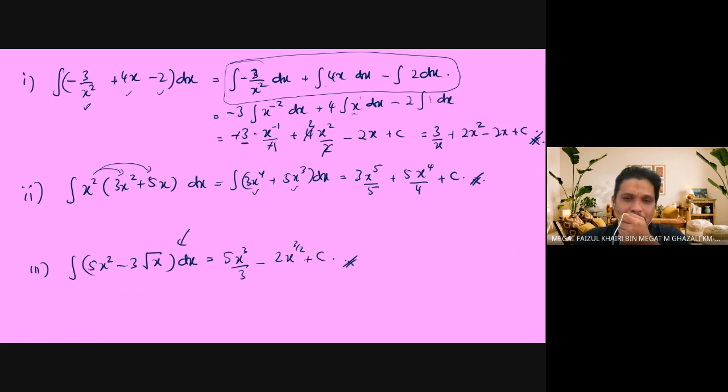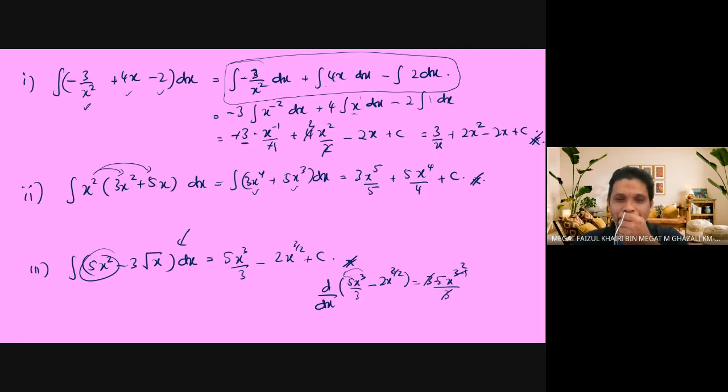Let's double check whether your answer is correct or not. Differentiate this with respect to x: 5x cubed over 3 minus 2x power of 3 over 2. For this one, bring the 3 to the front: 3 times 5x cubed minus 1, divided by 3, so you get 5x squared.